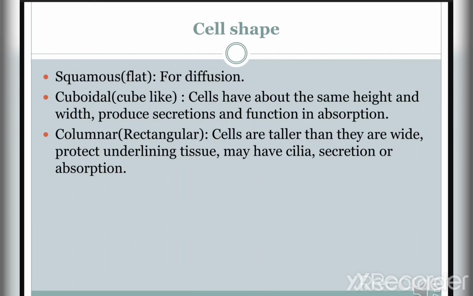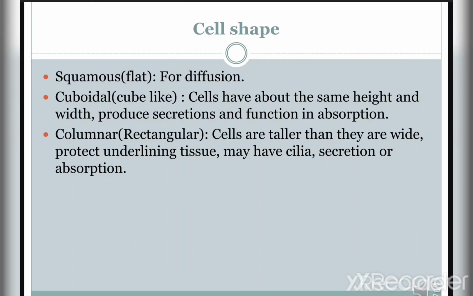The cuboidal ones are cube shaped, as we mentioned. They function in absorption, and usually secretion and absorption, like in the ducts of the glands, or the absorptive parts of the renal tubules.